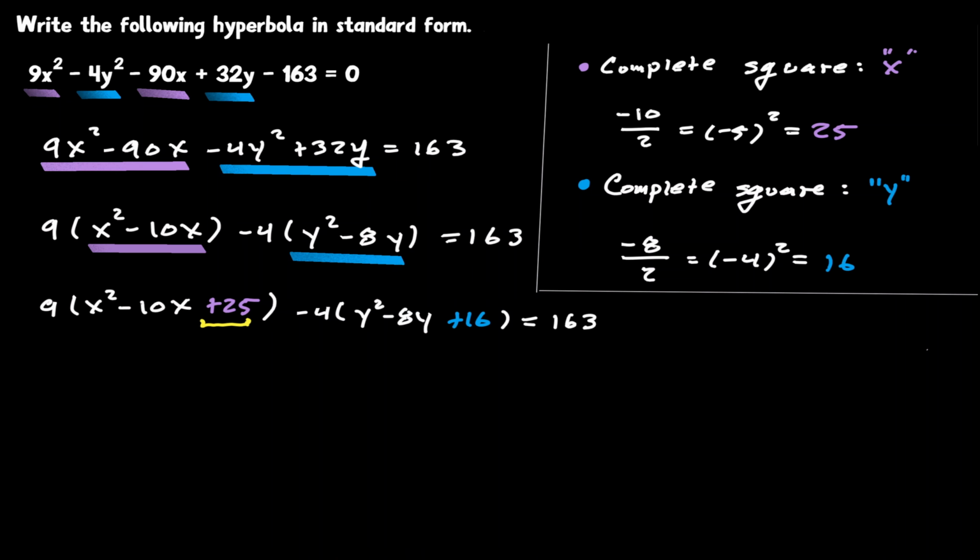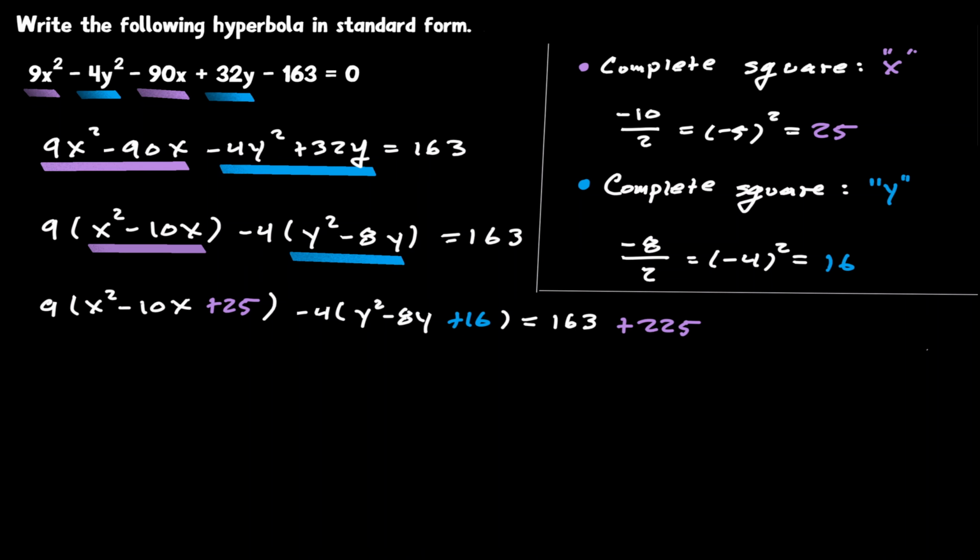And if it's inside the parentheses, be mindful that there was a value of 9 which is going to get multiplied. So it is true that we wrote down plus 25 on the left hand side. But when it comes to values, we added 225 on the left. So that is the value that we need to write on the right hand side as well to properly balance the equation.